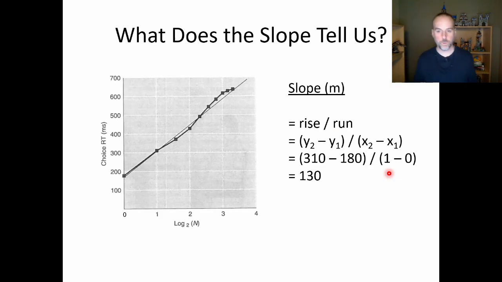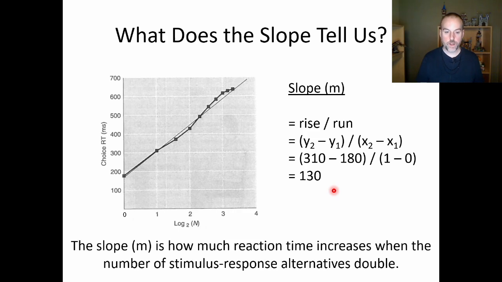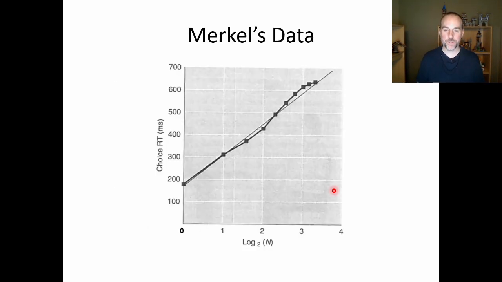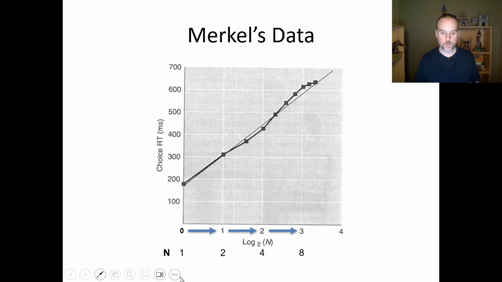What does the slope tell us? Well, remember we calculated for these data the slope was 130. The slope is how much reaction time increases when the number of stimulus response alternatives is doubled. And that's kind of key to the whole log base 2, but let me show that to you in this graph here. Here, log base 2 is 0, and we just calculated that that means there is one stimulus response alternative.